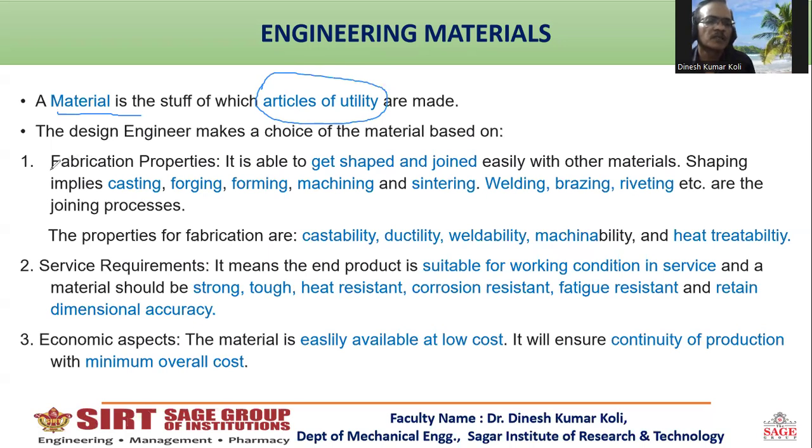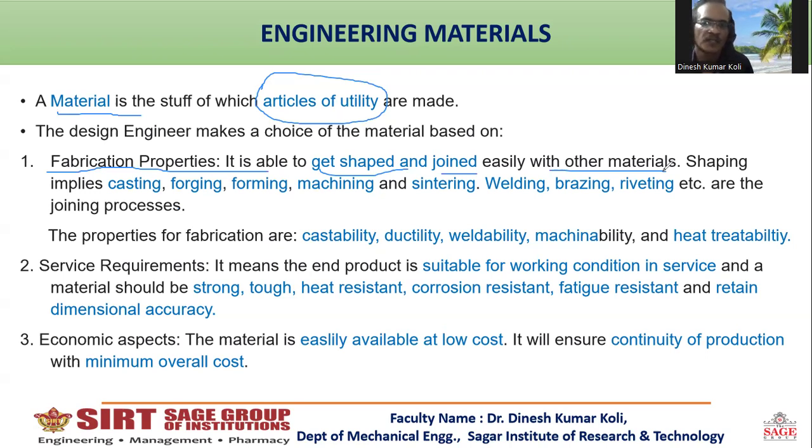Then there are some properties called fabrication properties, meaning the properties required for a material to be shaped and joined easily with other materials. When we make any component or product, it must be able to be shaped by different processes, either a fabrication process or a joining process.